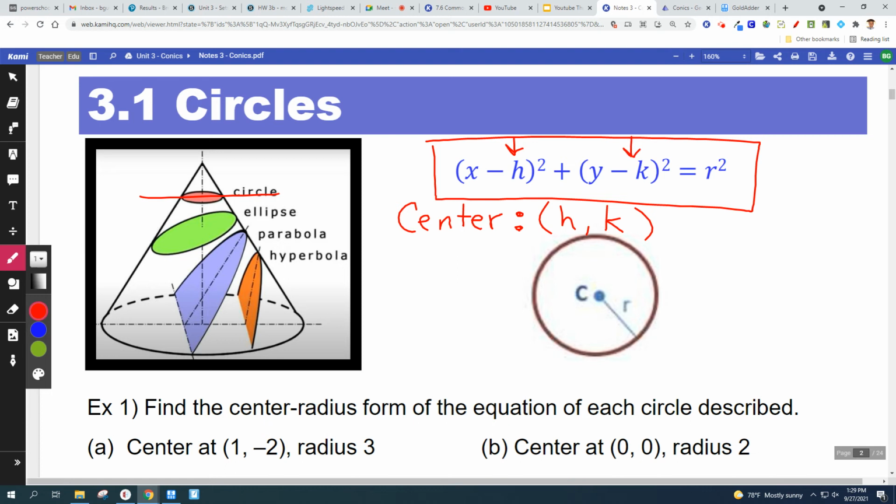That's going to give you the center of the circle. And then the radius is going to be r, of course. Now you might notice that they give you r squared here, so you have to do something with that number, but it's pretty easy when you're looking at that equation to find the center and the radius.